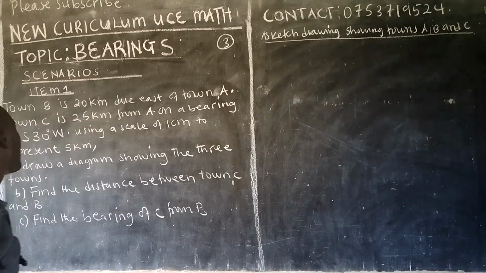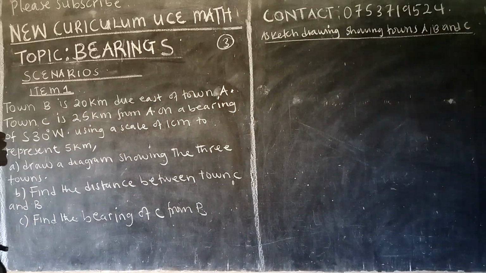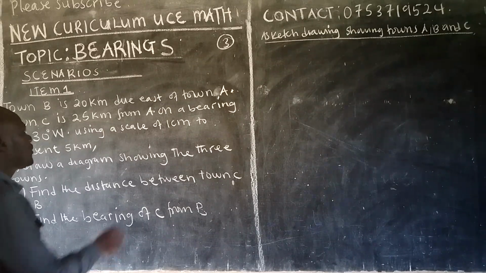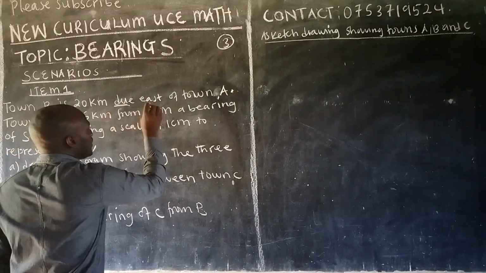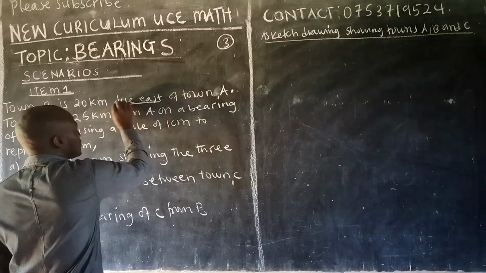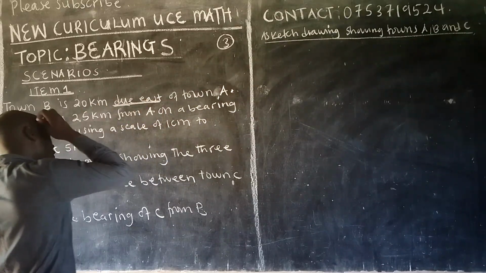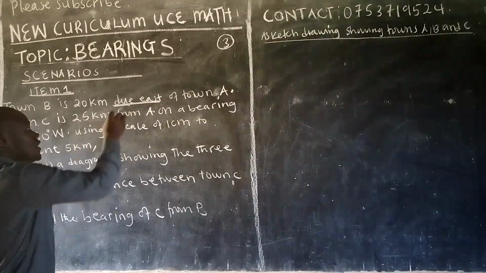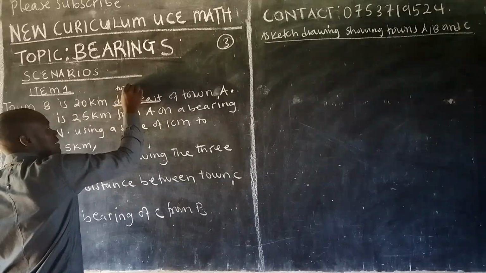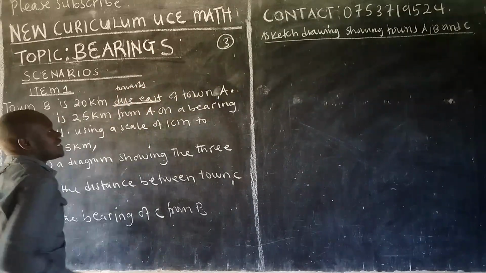Now let's start off. They're saying town B is 20 kilometers due east of town A. But what did we say? I said the word due in lesson 2. In lesson 2, I explained what the word due means. Due means towards. Means towards east.